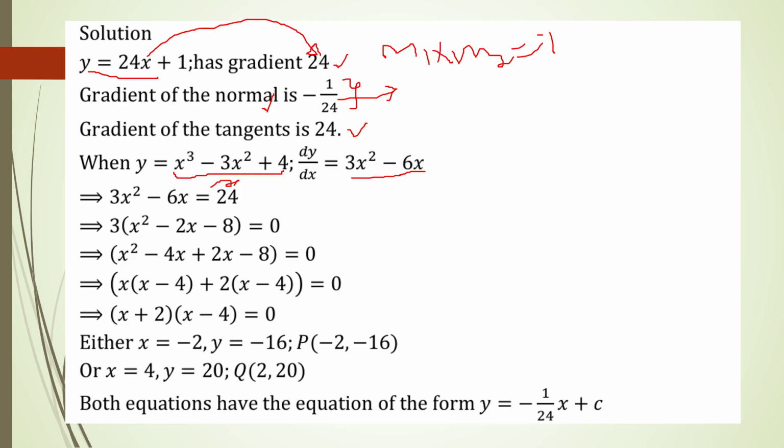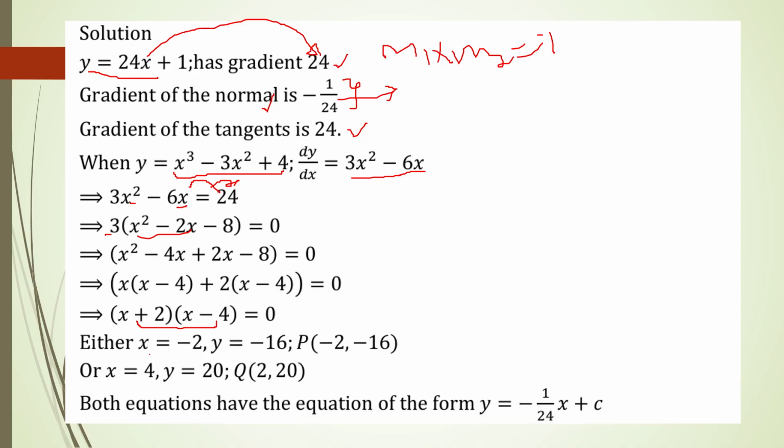Since you have x squared and a lower degree without any other unknown, this must end up being a quadratic. So we bring 24 to this side and factor out 3, divide through by 3, and then solve this quadratic equation by factorization, and we end up with (x + 2)(x - 4) = 0.